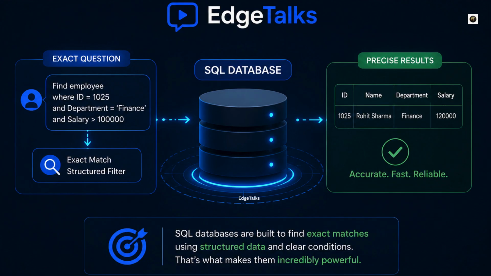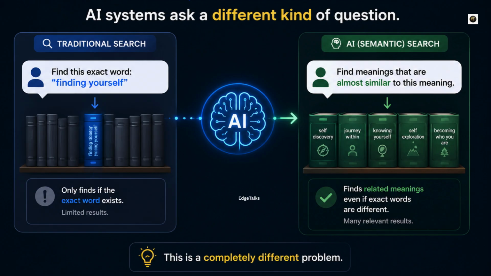SQL databases are designed and optimized for exact matching and structured filtering. They are incredibly powerful for this purpose. But AI systems usually ask a different kind of question. Instead of asking "find this exact word," they are asking "find meanings that are most similar to this meaning." Now this is a completely different problem.